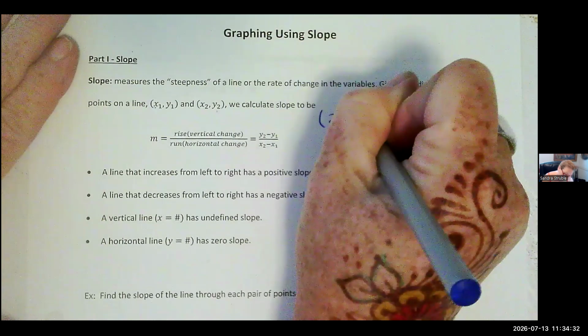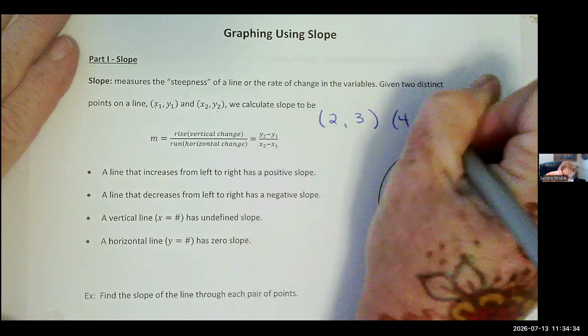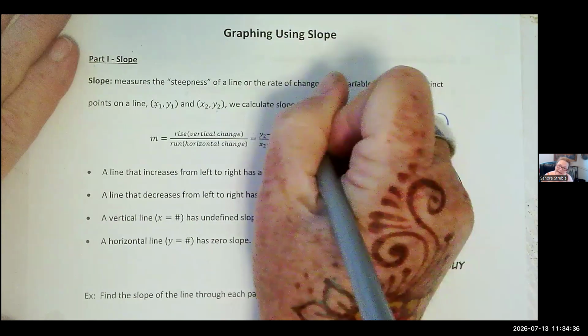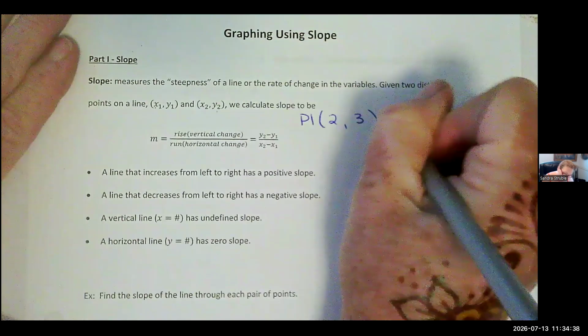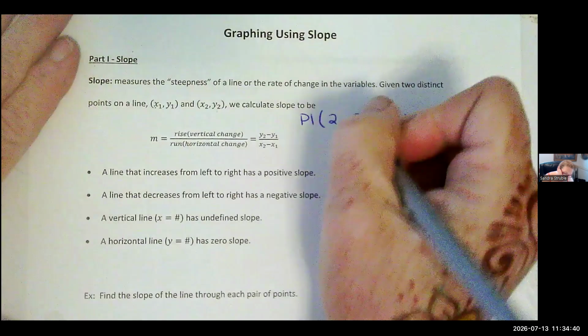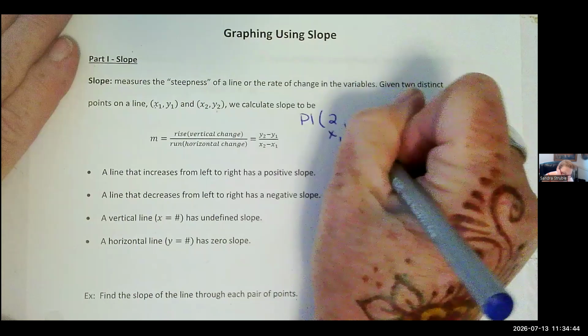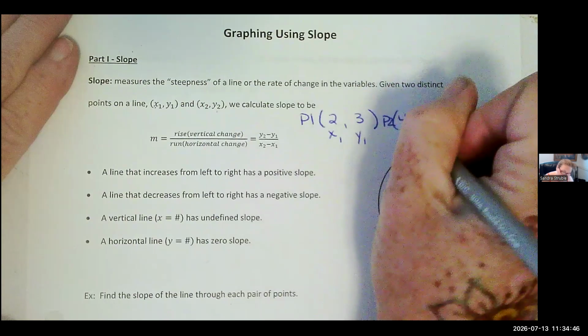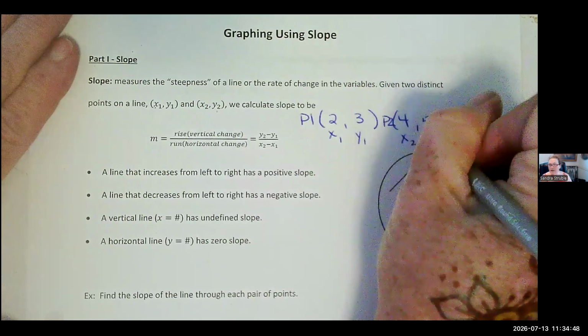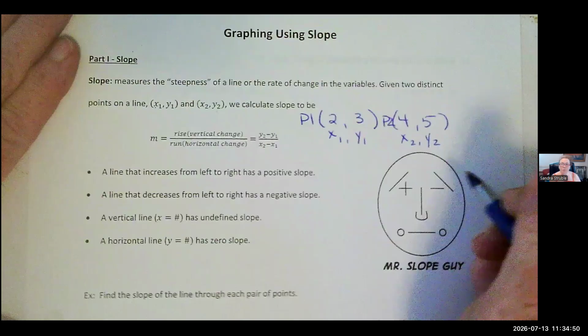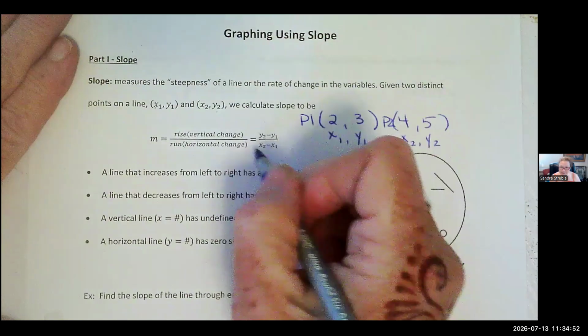Here's point 1, and point 2. I label them that way because then I label x sub 1, y sub 1 for point 1 and x sub 2, y sub 2 for point 2. You need to understand this in order to do the plug and chug for the formula that's given.